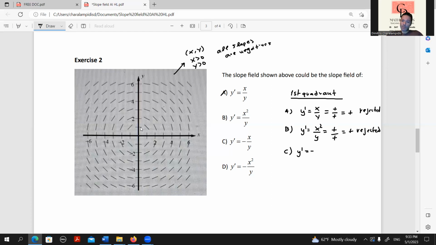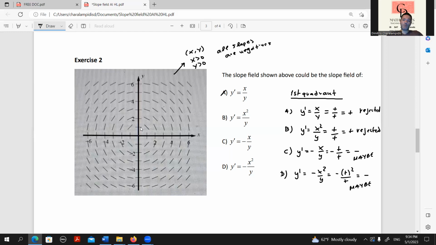Based on C, we would have minus x over y, which is minus a positive over a positive, which in the end is a negative one, which is maybe. It could be C. Could it be D? Y derivative is minus x squared over y, which is minus something positive squared over positive, which in the end is negative. So once again, maybe.